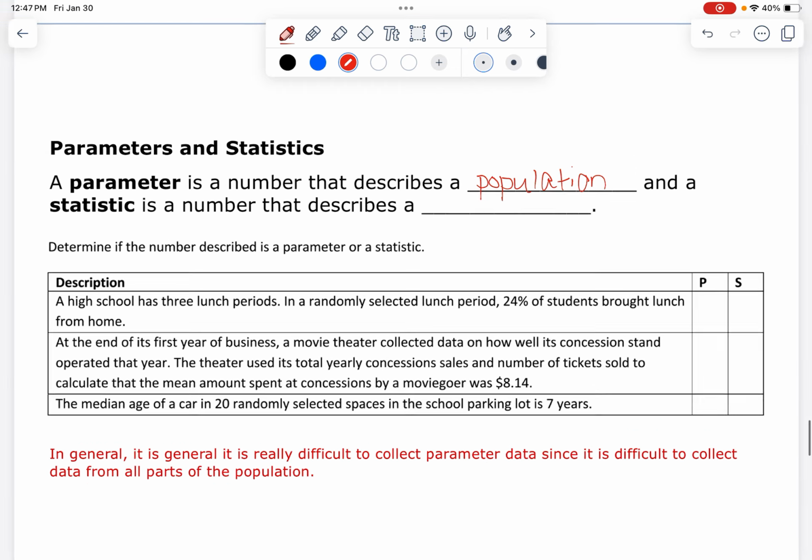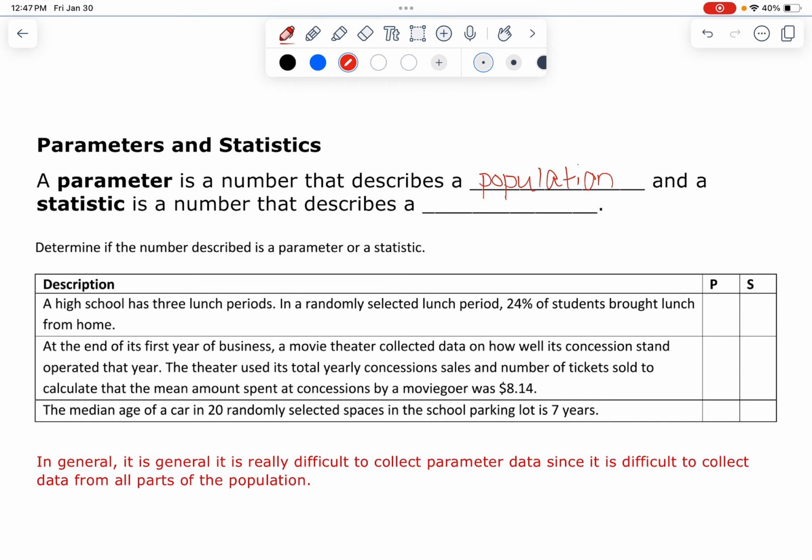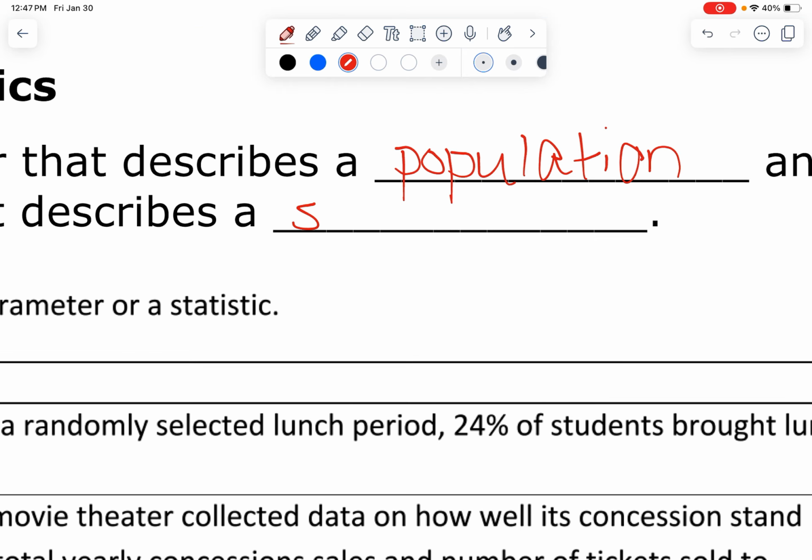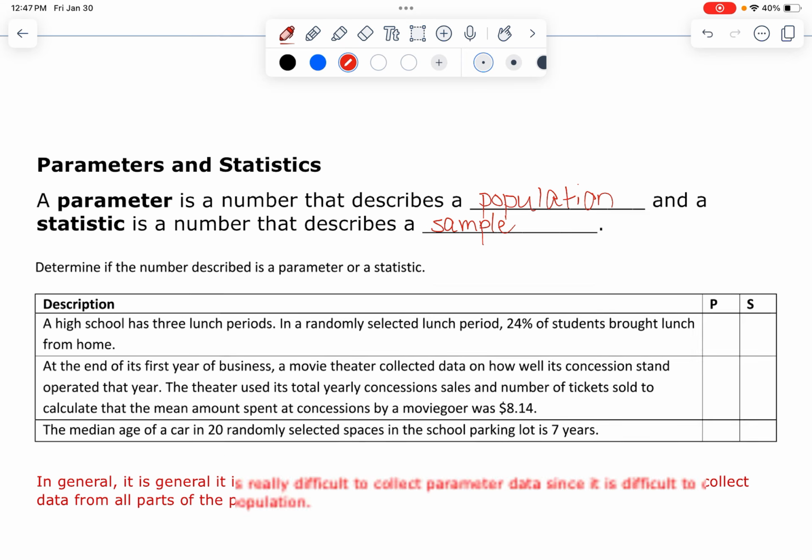And a statistic is a number that describes a sample. It's kind of nice because these line up: P parameter, P population, S statistic, S sample. So it's a little easier to remember which one's which.